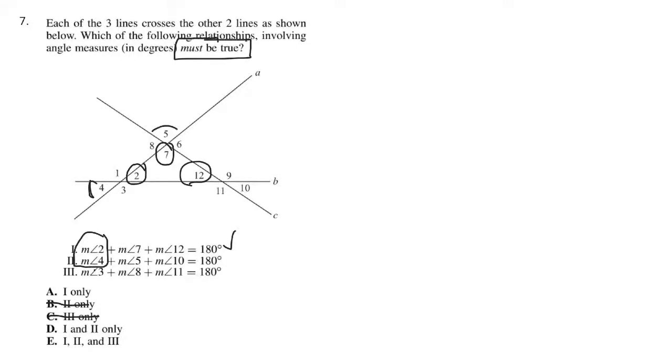Plus, here's vertical angles with 5 and 7, so those are going to have the same measure. And then measure of angle 12, and look at measure of angle 10. That's also a vertical angle. So these are really talking about the same value, so answer choice 2 has to also be true. Well, then that eliminates A, so we still have to check out 3 though.